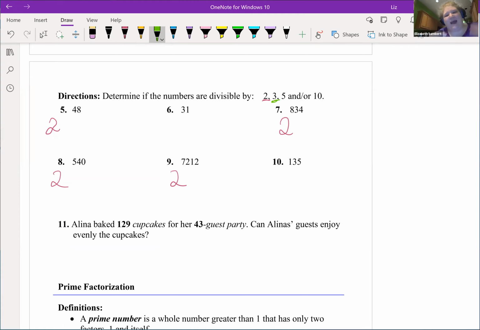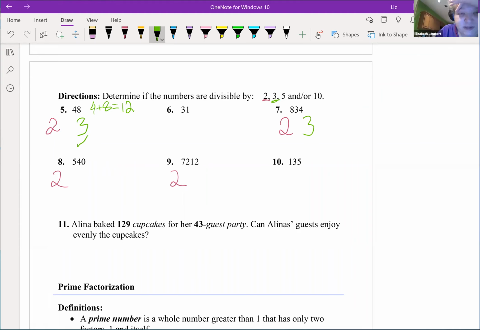So now we're going to do that adding the digits thing. 4 plus 8 is 12, and you could even do 1 plus 2 is 3. So it's divisible by 3. Now 3 plus 1 is 4, not divisible by 3. Then 8 plus 3 plus 4: 3 and 4 is 7, plus 8 is 15.